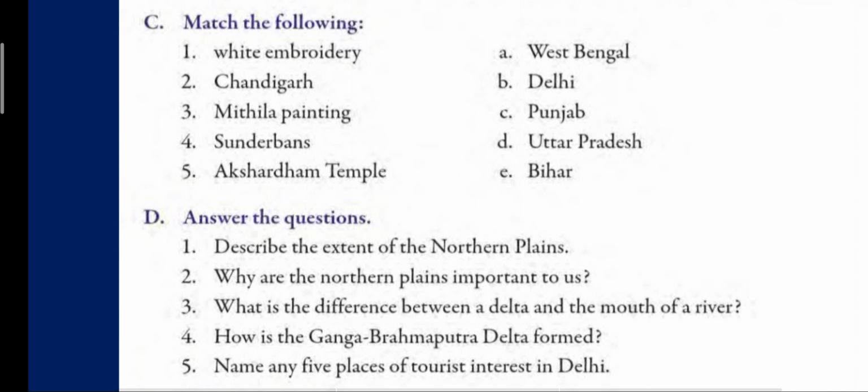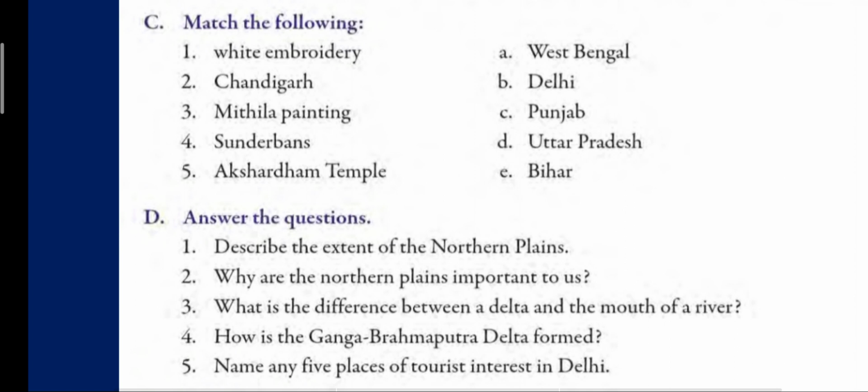If you remember, I told you delta is a triangular shape. So it forms a triangular shape at the mouth of the river where it meets the sea. This triangular formation is called delta. And on the side of mouth of the river you will write the place where the river enters or joins a bigger or a larger river, that is known as mouth of the river.